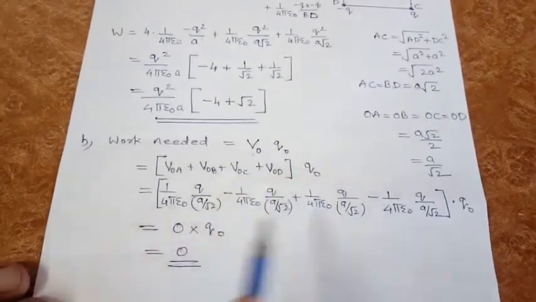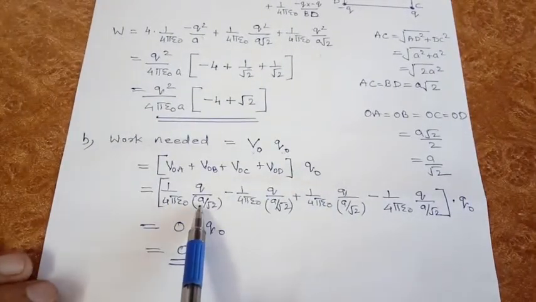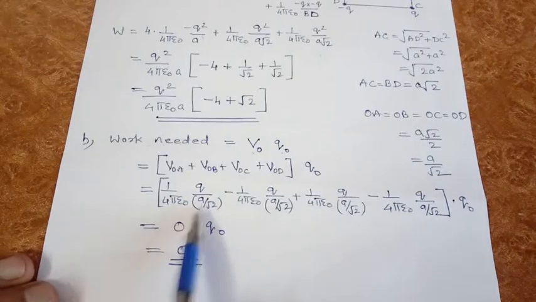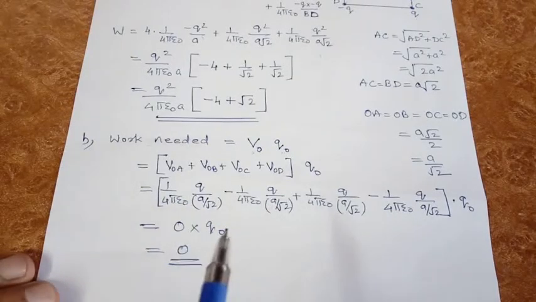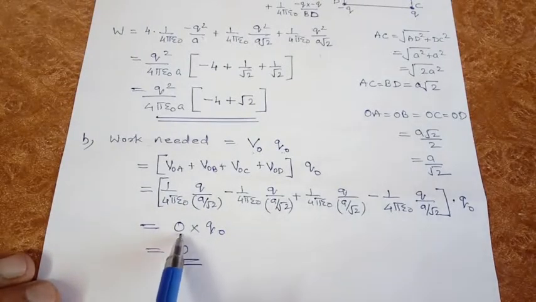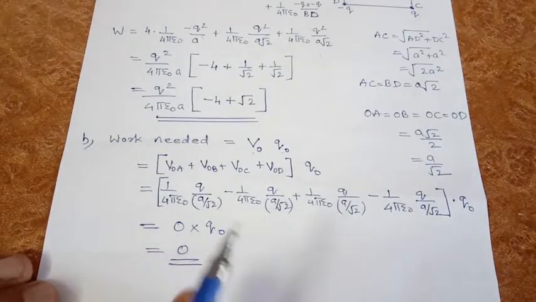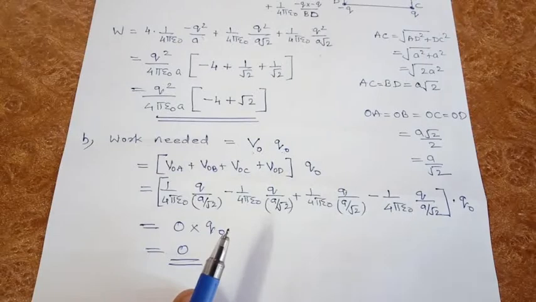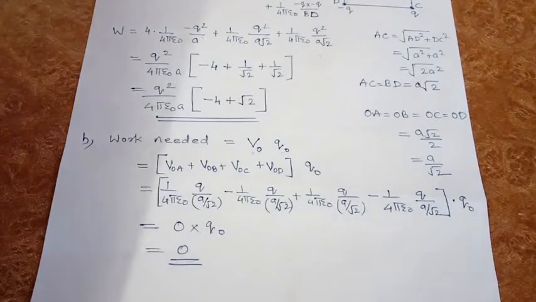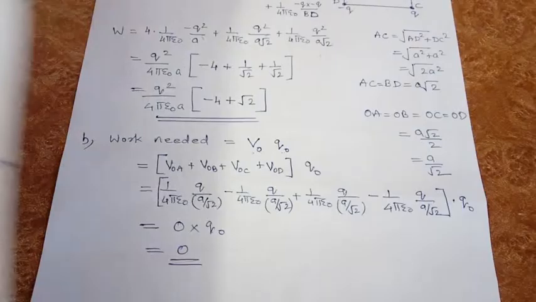And you can see there are two terms which are positive, there are two terms which are negative. They cancel out. The resultant potential at the center will be 0. Therefore the work needed would be 0 into Q0, that will be 0. So no work is needed to take a charge Q0 from infinity to that particular point, the diagonal or the center of that square. So the result will be 0.